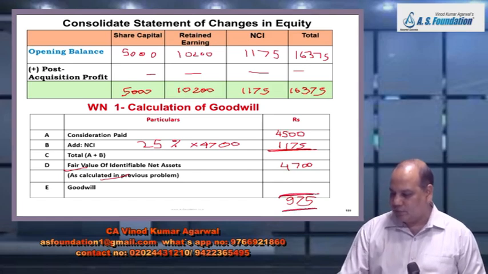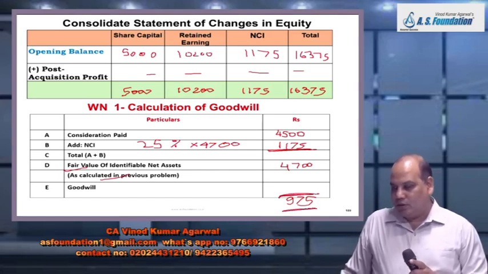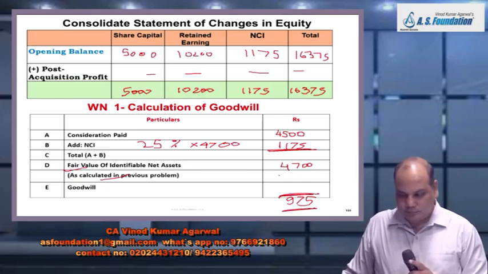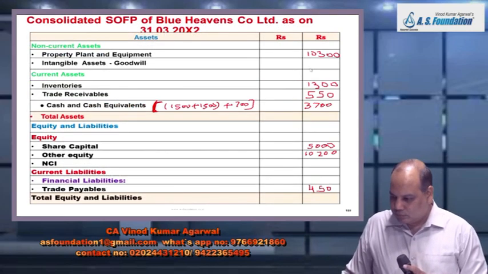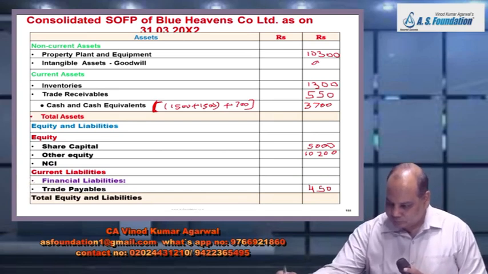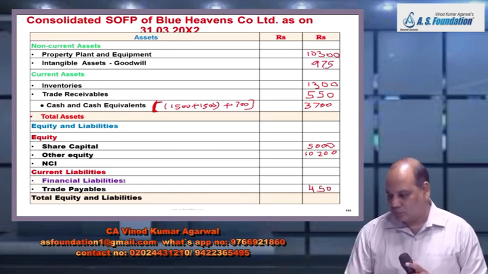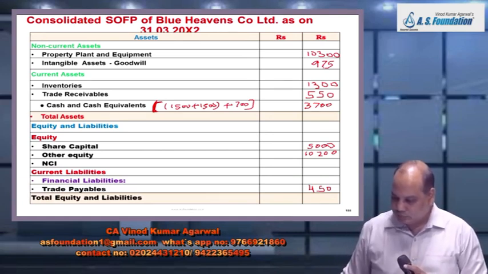In the main answer, write goodwill 975, and other equity I have written. NCI was how much? NCI right here, 1,175.